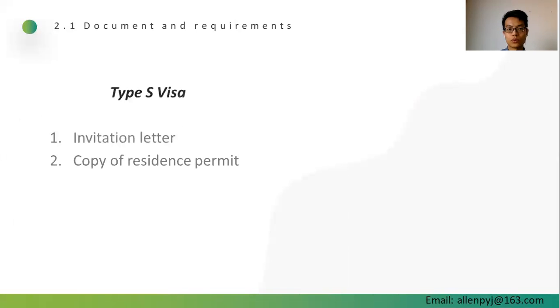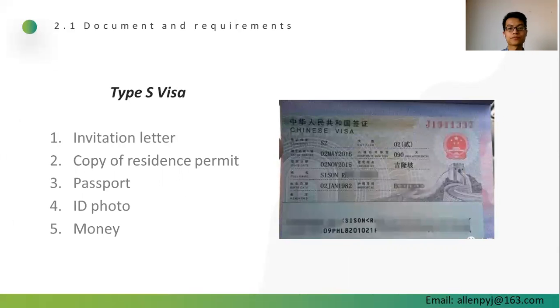And the next one will be the Type S visa. Compared with the application for the Type Q visa, this is fairly simple. This is the checklist of the Type S visa. The first one is an invitation letter issued by your employer with a stamp or signature on it.